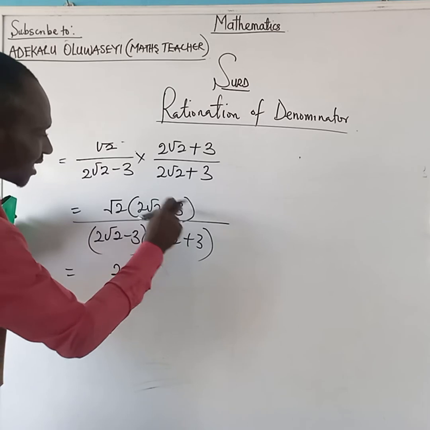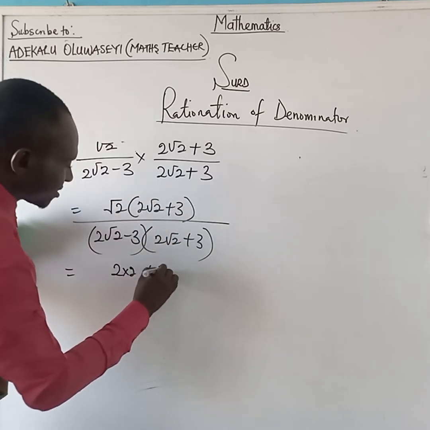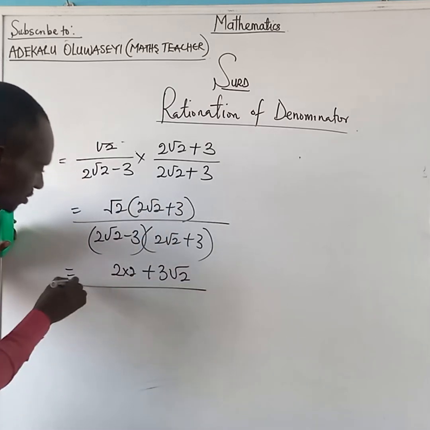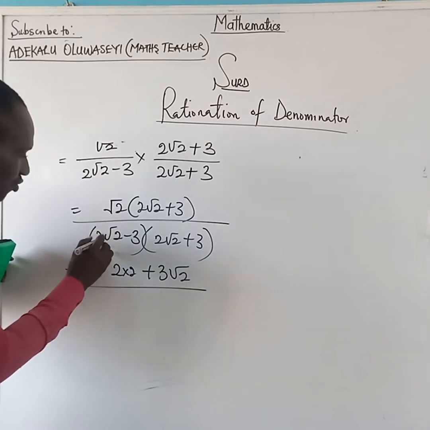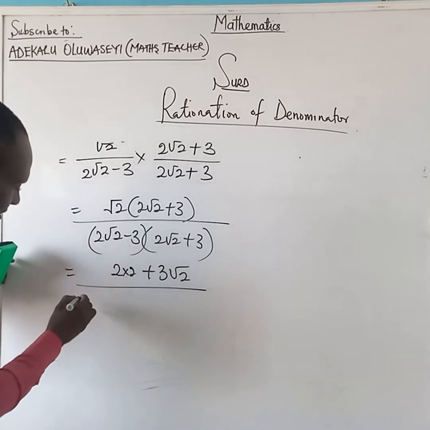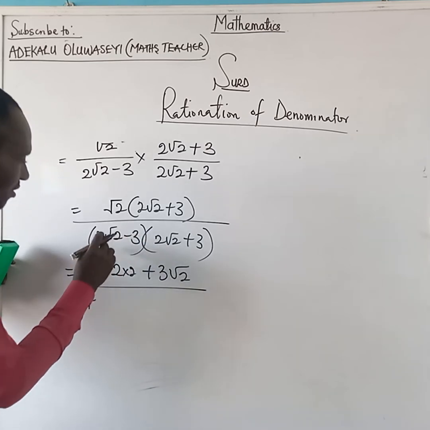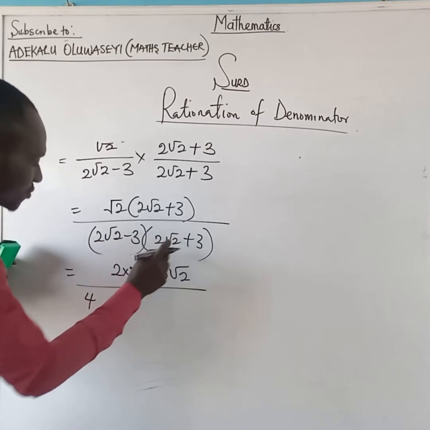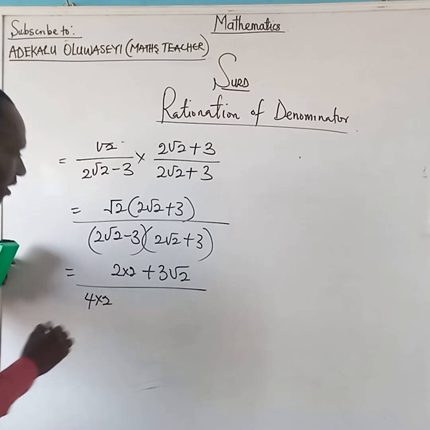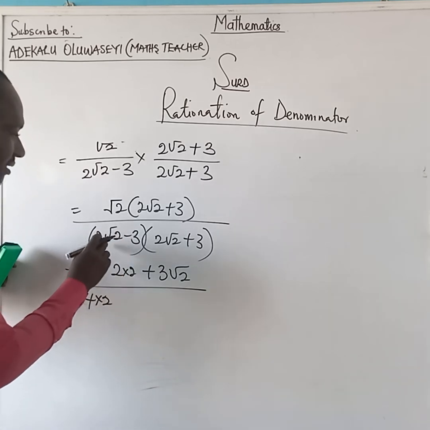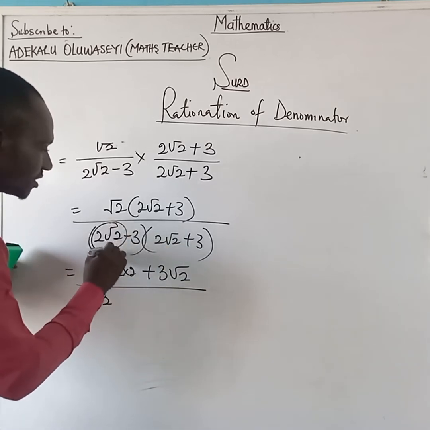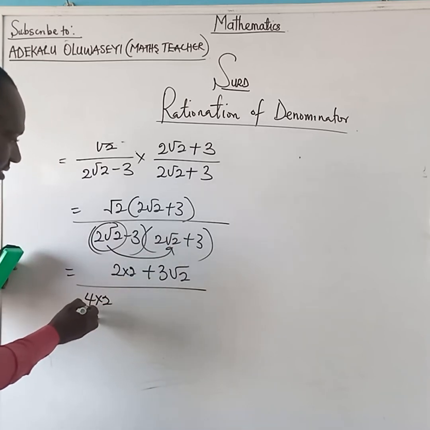Root 2 times 3 gives us plus 3 root 2, divided by 2 root 2 times this. Surd with surd, root 2 times root 2, that is 2, that gives us 2 here. Then this to this, that's our result here, 8.